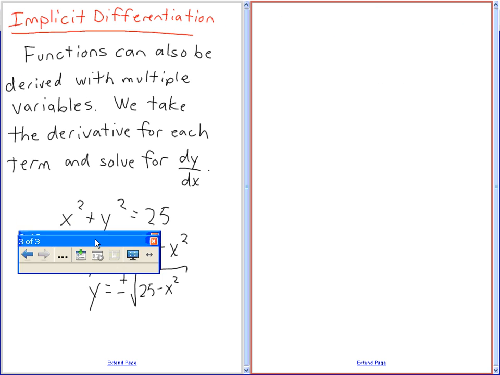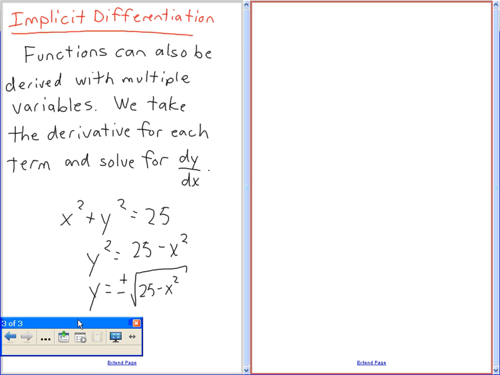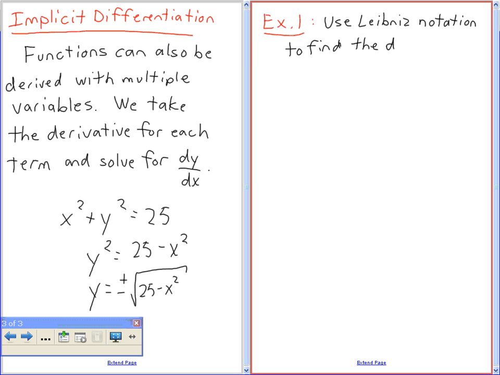So I'm going to start off with easy, which is example 1. Use Leibniz notation to find the derivative of y equals x squared.